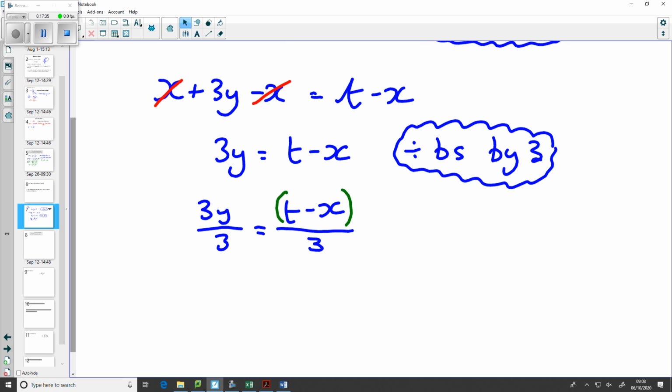Alright, and then we have here 3 divided by 3 is 1, so they cancel, leaving us with the formula we're looking for, which is y is equal to t minus x divided by 3.